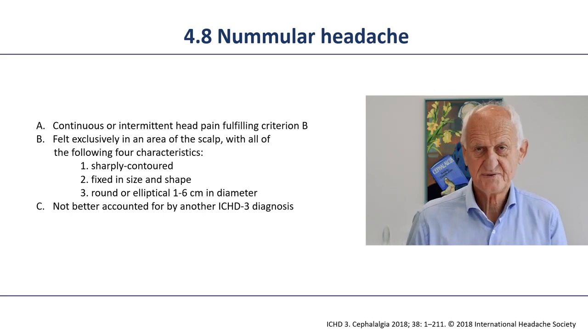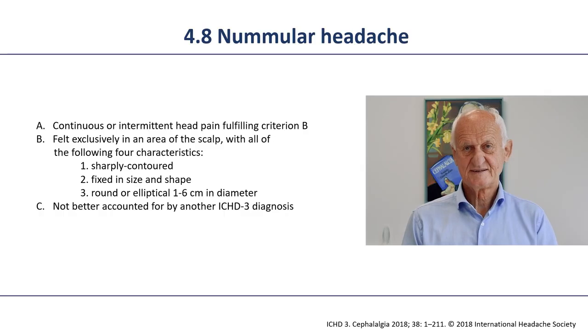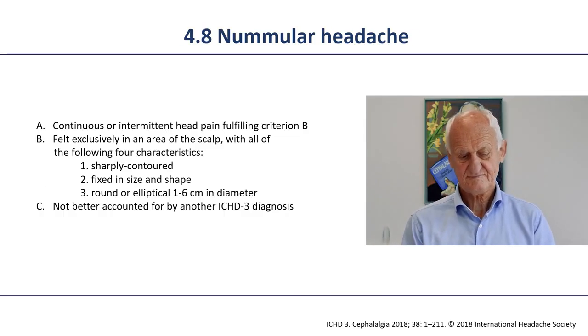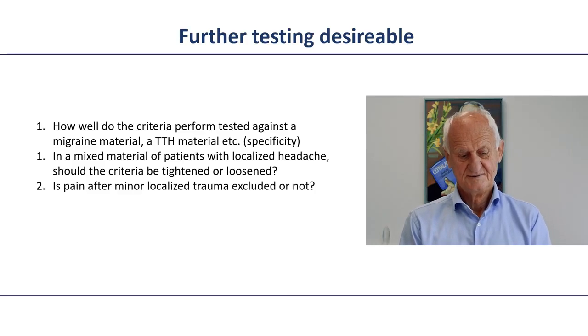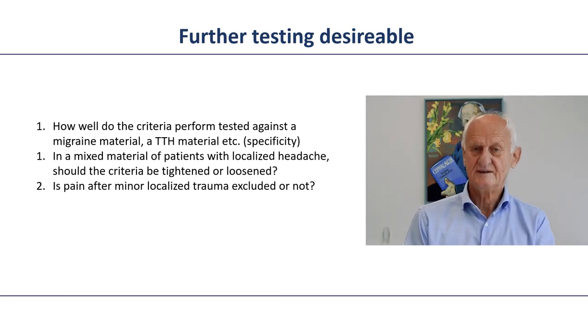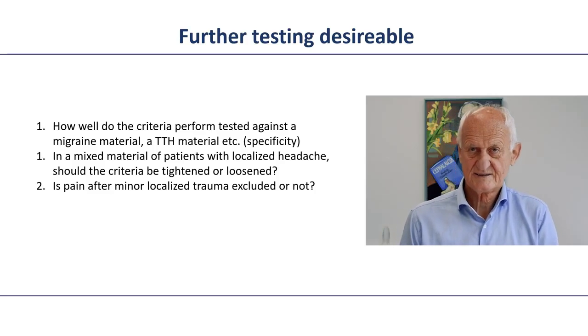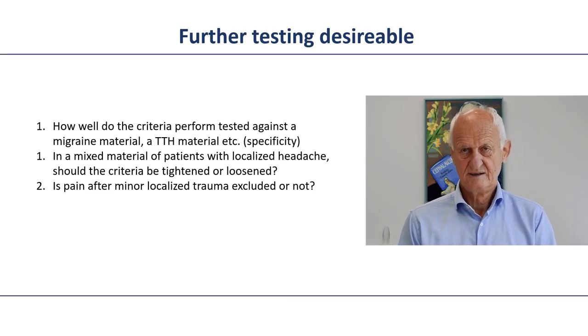What can you do if you think that this needs to be revised? Well, you just have to gather a lot of cases of localized cranial pain without regard to the diagnostic criteria of a nummular headache.